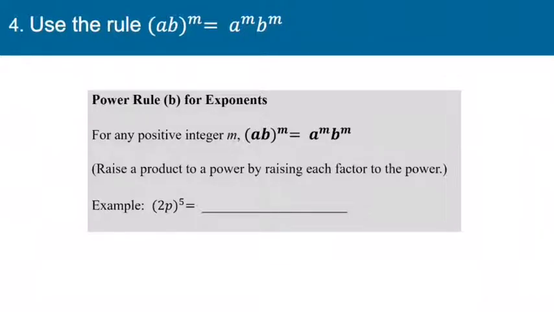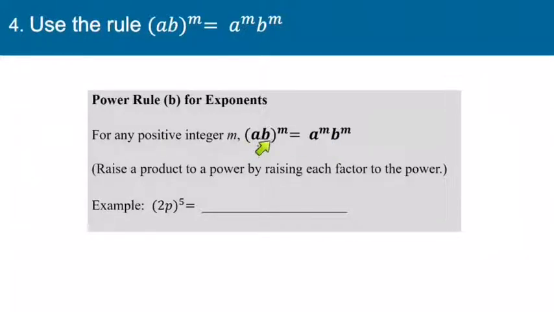Here it is. It says if you have a product inside parentheses and the whole product is being raised to an exponent, so for example, a times b raised to the m power, then what you can do to eliminate the parentheses is apply the outside exponent to every factor inside the parentheses.